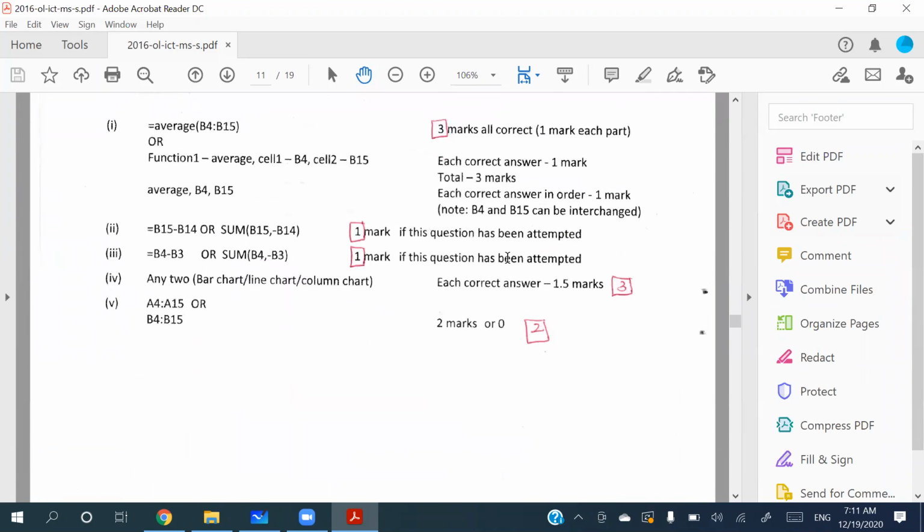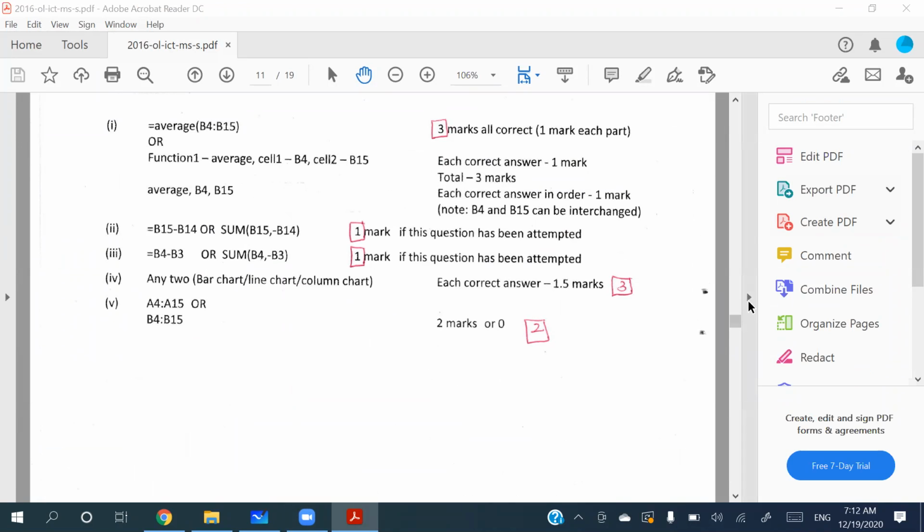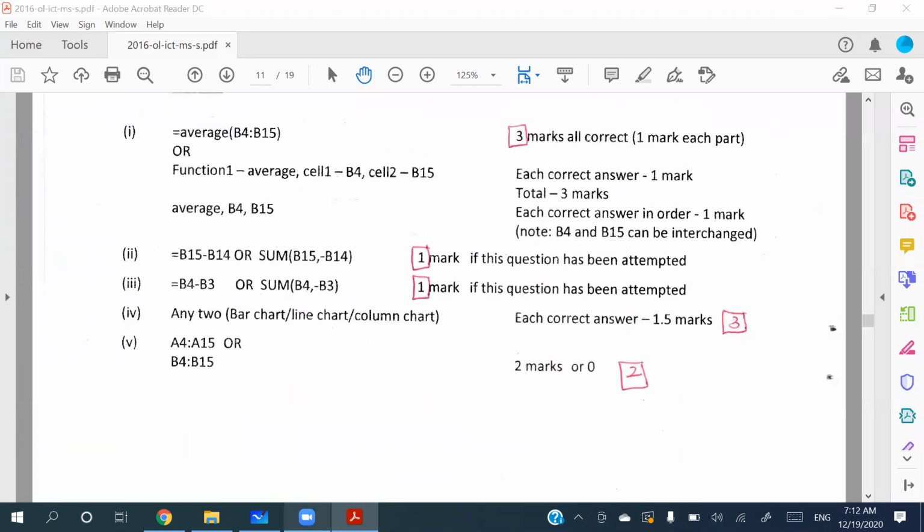Yeah. So things can be like this. Right. So average B4 colon B15, and function 1, cell 1 and cell 2 will be like that.